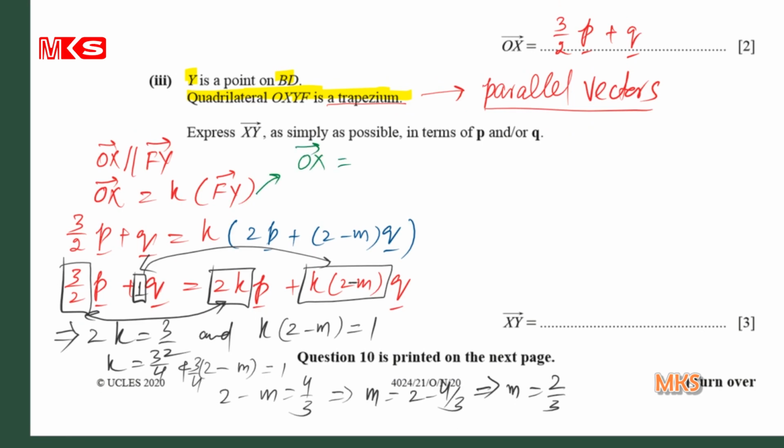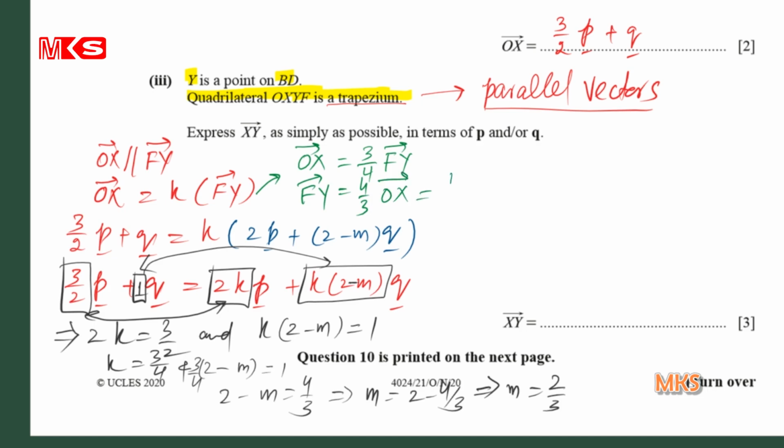As Ox is equal to k times Fy, k we have got 3 over 4, 3 over 4 Fy. So in other words, Fy will be 4 over 3 Ox.